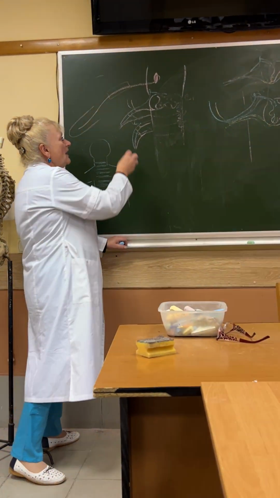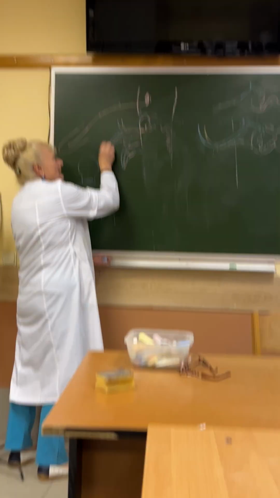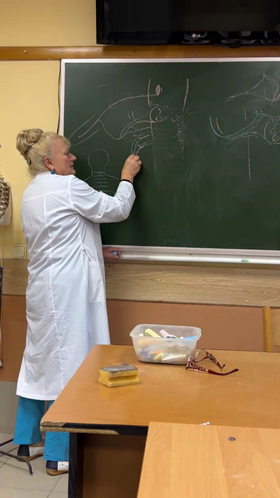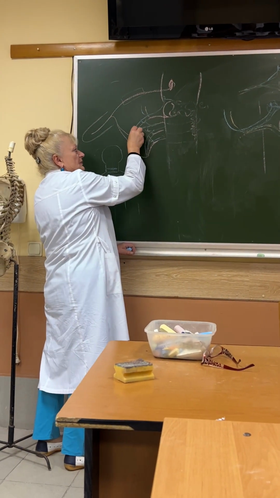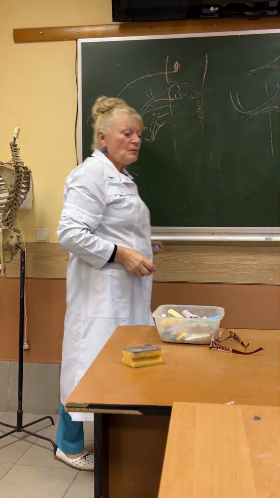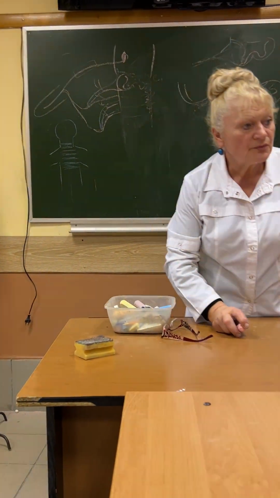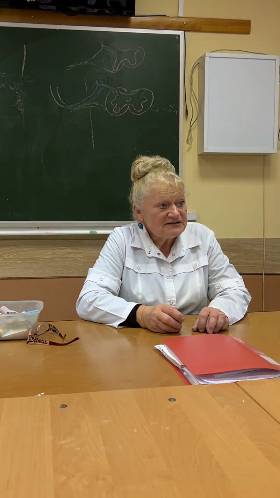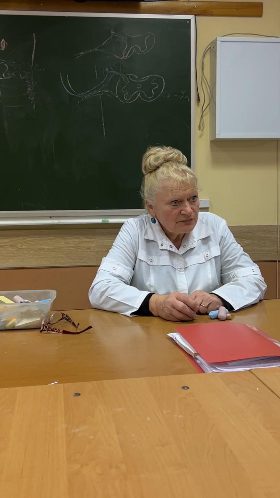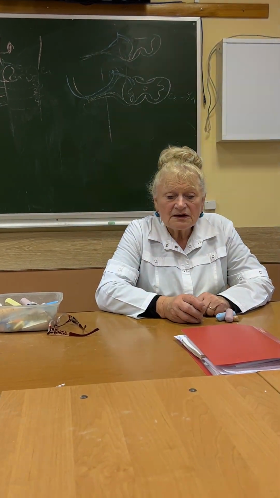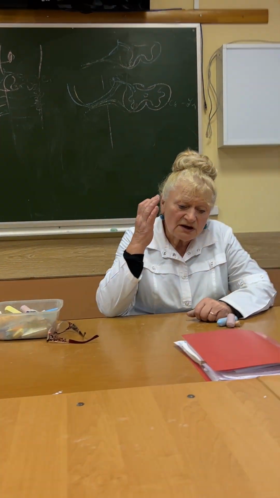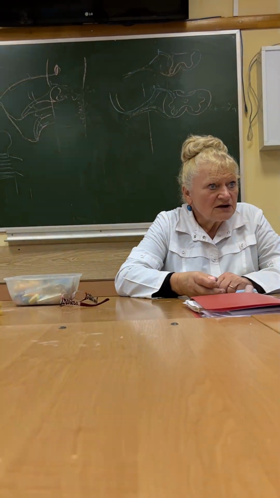Listen to me. From the superior root and from the inferior root, muscular fibers join the hypoglossal nerve distally, after it exits the hypoglossal canal.